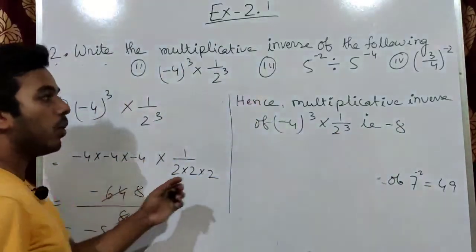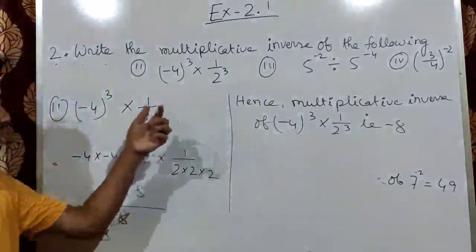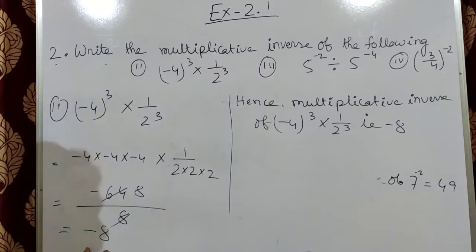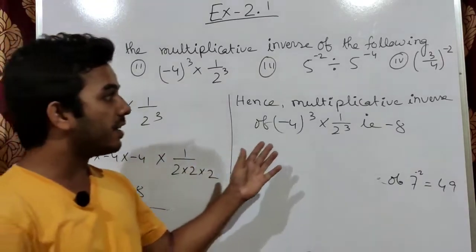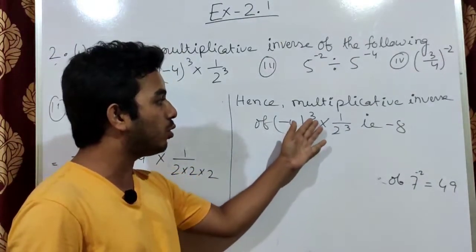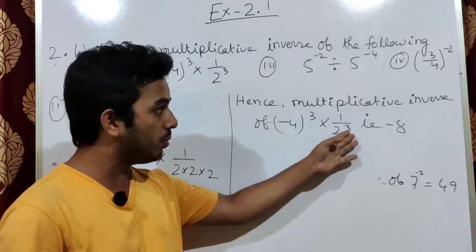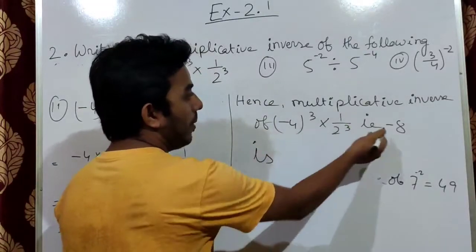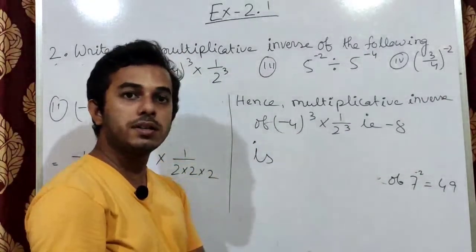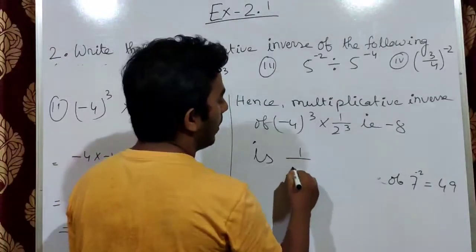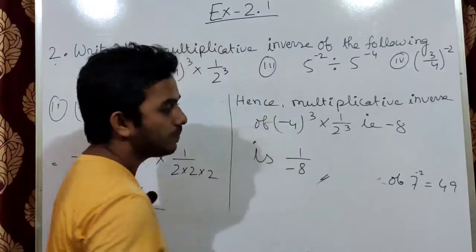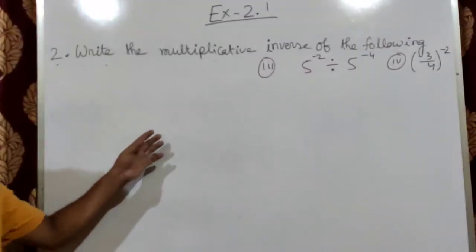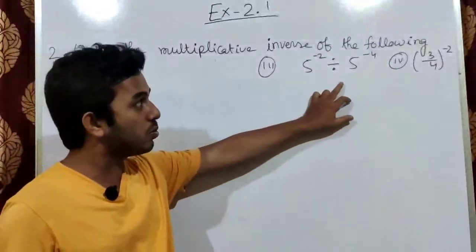This -8 equals this one, right? Because we have solved (-4)^3 × (1/2)^3 and we got the result -8. So the multiplicative inverse of -8 is its reciprocal, so it will be 1 by -8. Finished. Very easy, right?